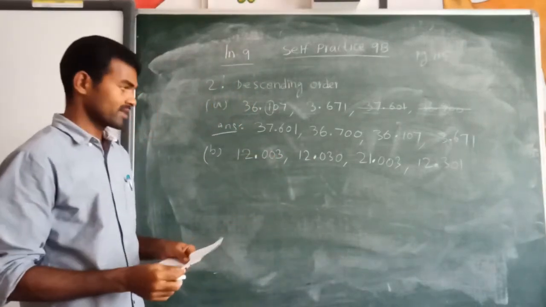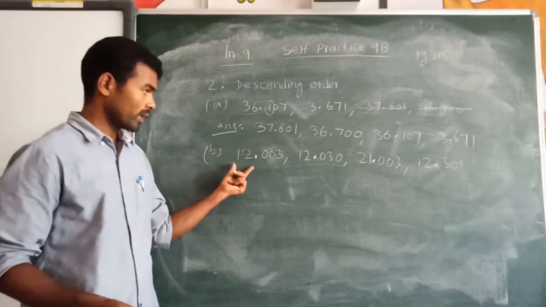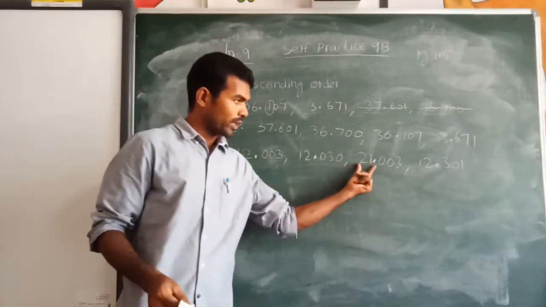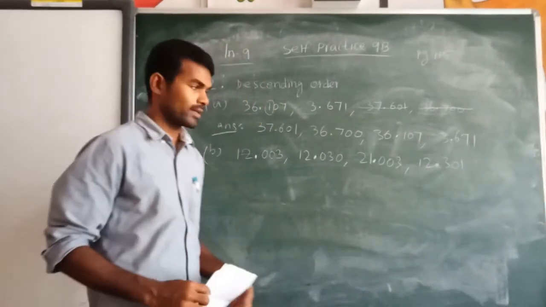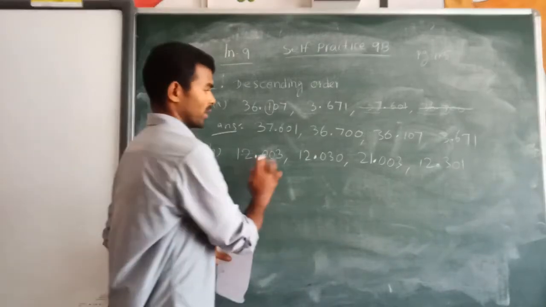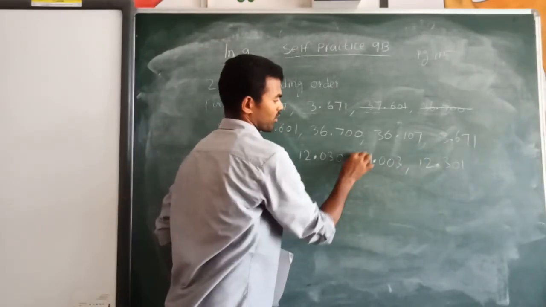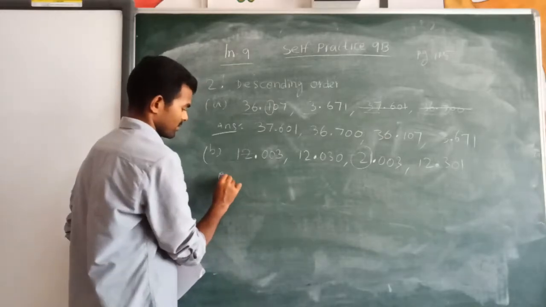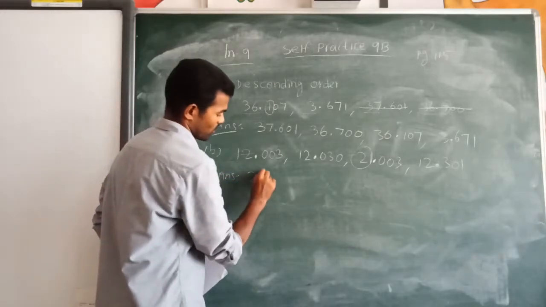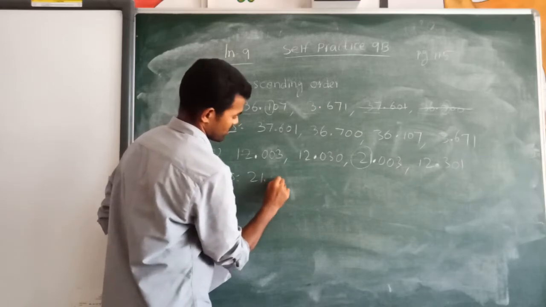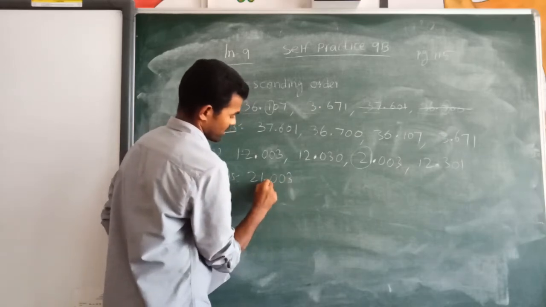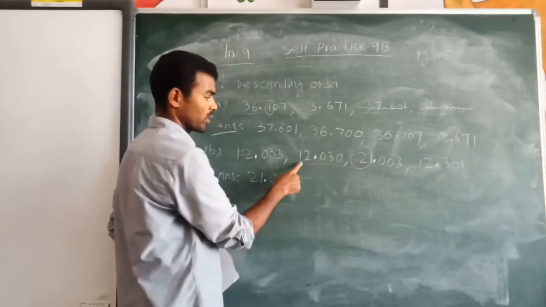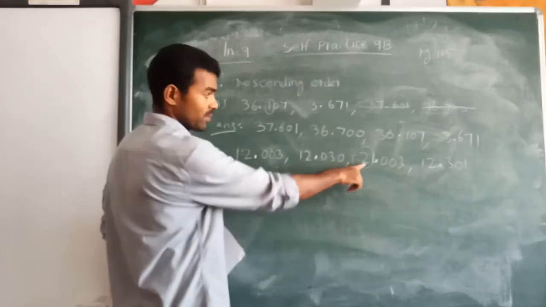Children, which is the biggest number in this? 12, 12, 21, 12. So in these, 3 numbers are 12 and 1 number is 21. The biggest number is 21.003. 21 is big and 12 is small. The biggest number is this one.